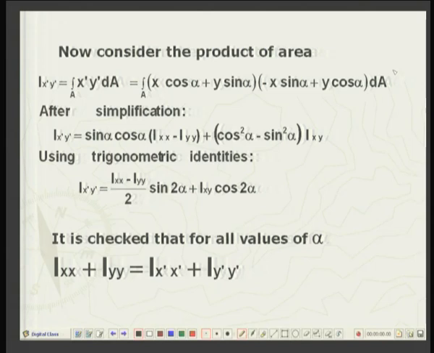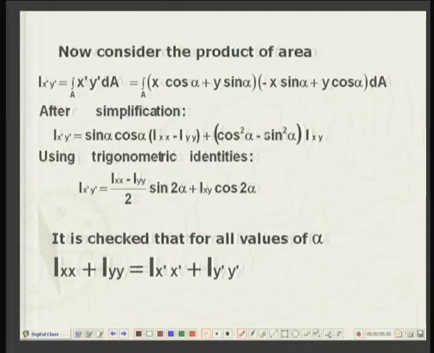This product term is now simplified, and again going through the area integrals we can come to this result, that is Ix dash y dash, the product term in the new coordinate system, is equal to sin alpha times cosine alpha into (Ixx minus Iyy), the two second moments in the old coordinate system, plus (cosine square alpha minus sin square alpha) into the product of area in the old coordinate system, that is Ixy.